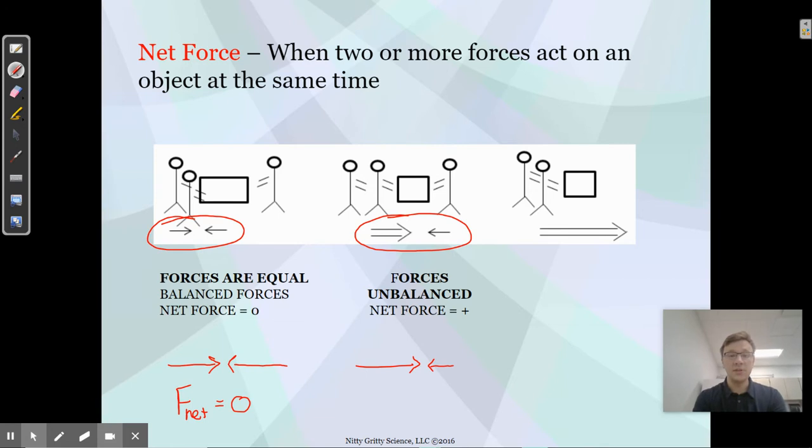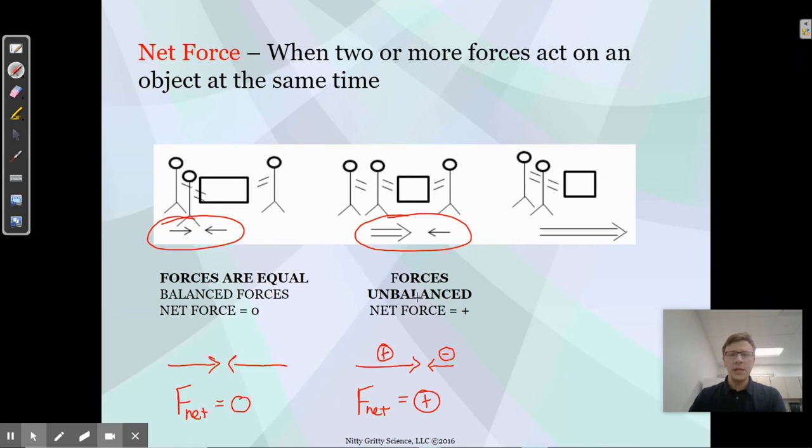If we said that to the right was the positive direction and to the left was the negative direction, then we would say that the net force here was some positive value. So the net force was to the right. In this situation, this box that's being pushed would have a net force pointed to the right and therefore would accelerate to the right.